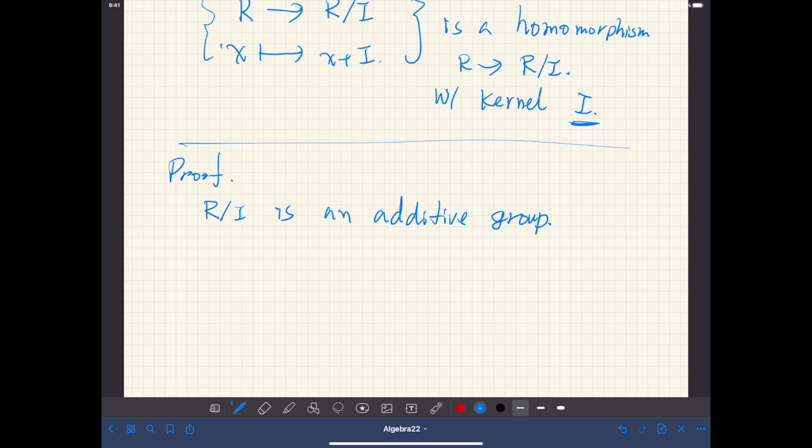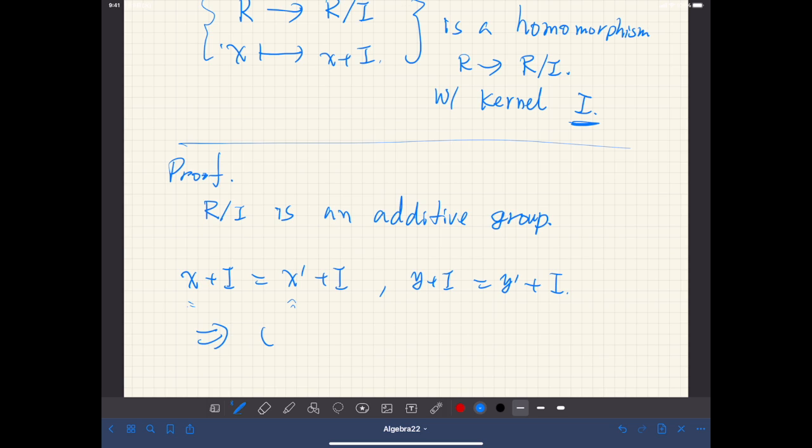By the way, what this means is that if x plus I is equal to x prime plus I, and y plus I is equal to y prime plus I, so if we choose different representatives of the same coset, do we still get the same results for the multiplication? That's the question.